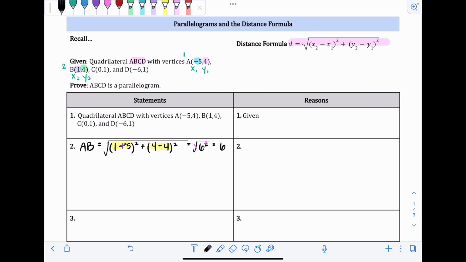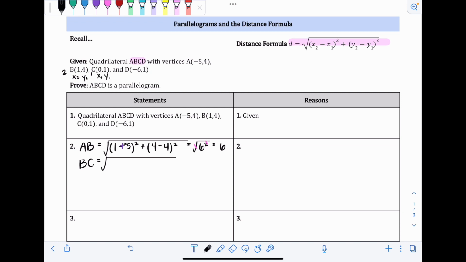Next I'm going to find from B to C. We'll set up our square root, and then I'm going to go through and label each point. It really doesn't matter which one is which. I'm going to keep B as my point 2, and C will be my point 1. So this will be x2, y2, and this will be x1, y1.